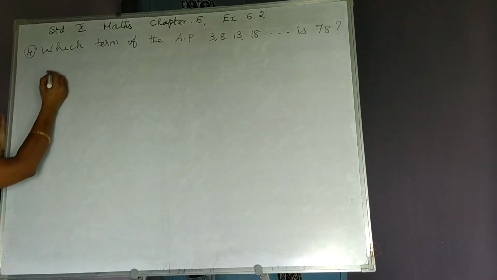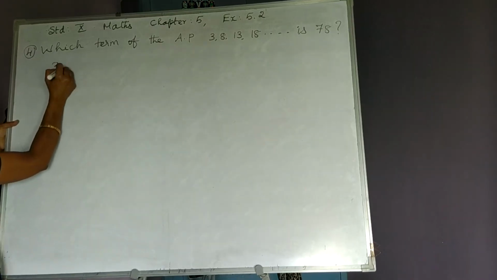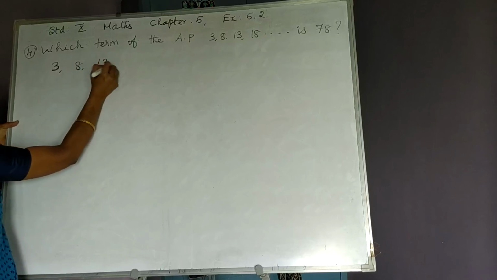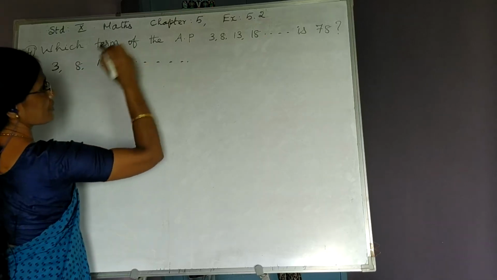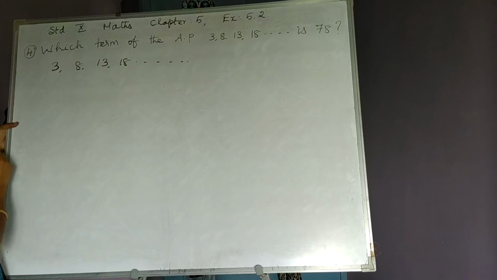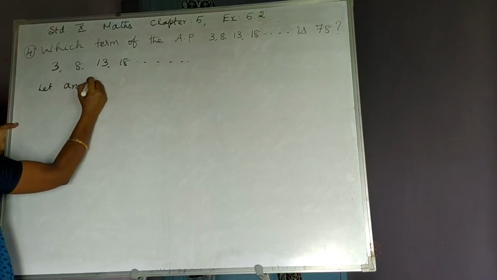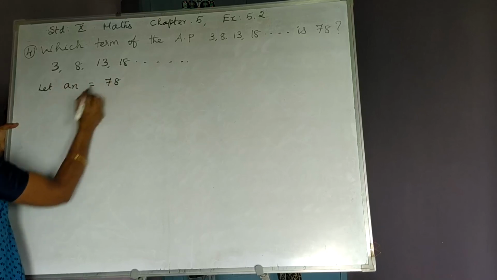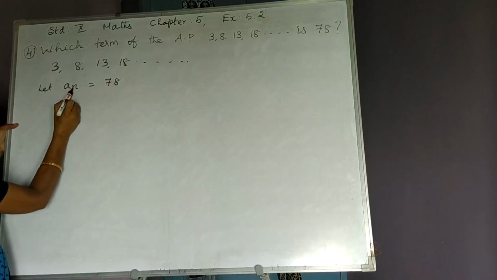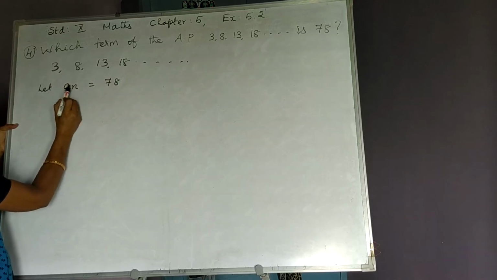So I copy the arithmetic progression. It is 3, 8, 13, 18, right? Which term is 78? Let us assume the nth term is 78. Now we are going to find out the value of n here. Whether it is A10 or A20 or A25.